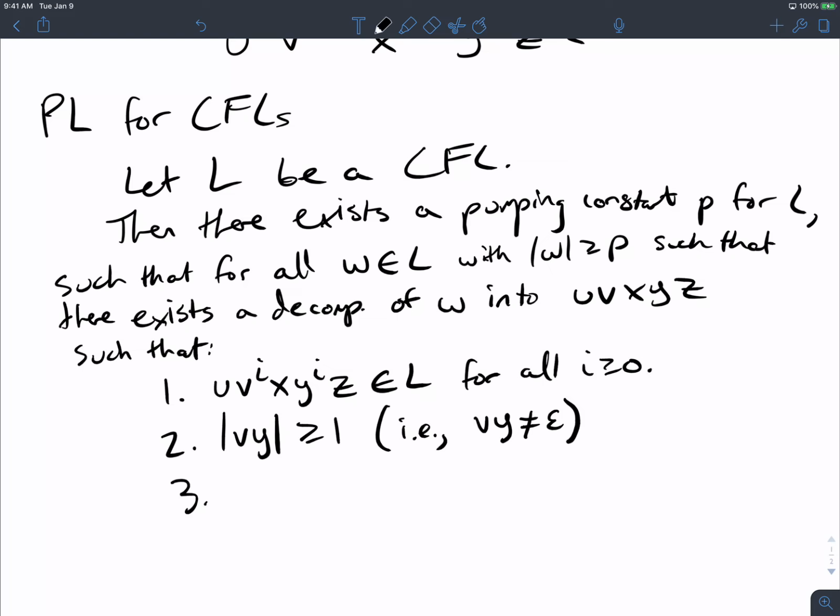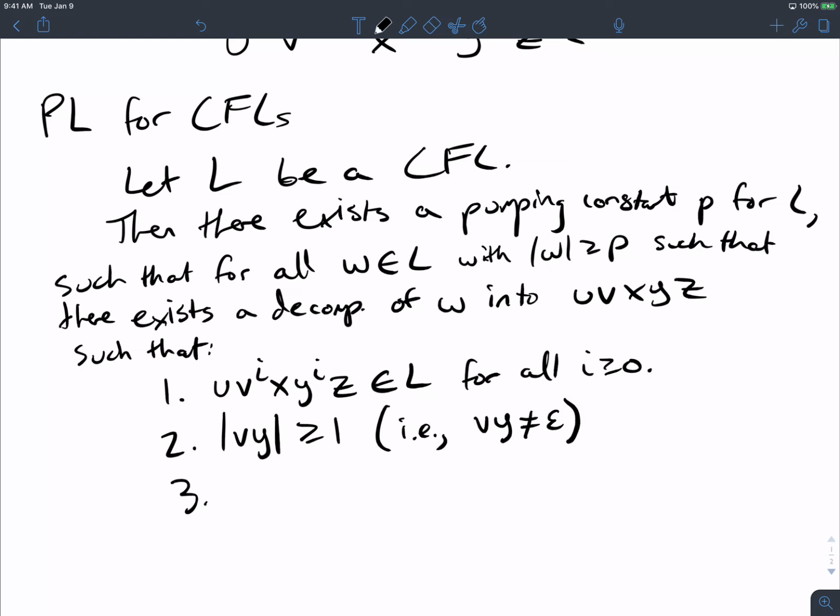Okay, what was the third condition? If I remember correctly, the regular version of this had the two first pieces having length at most p. The reason for that was, if we look at the first repetition, it couldn't occur too far along. Well, what about here?